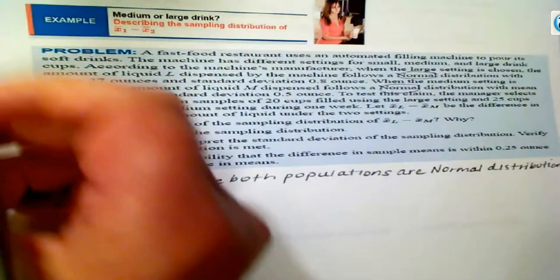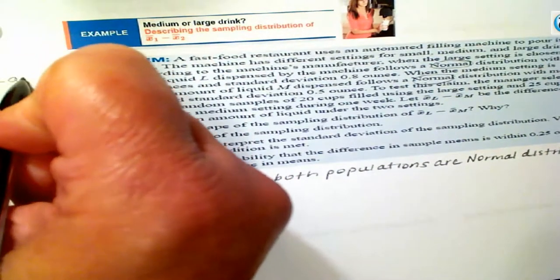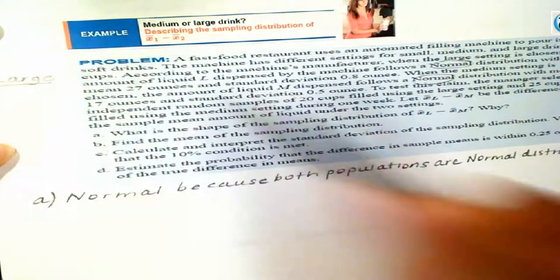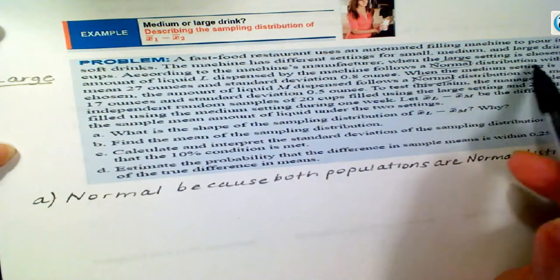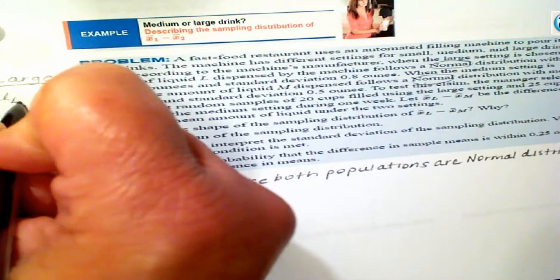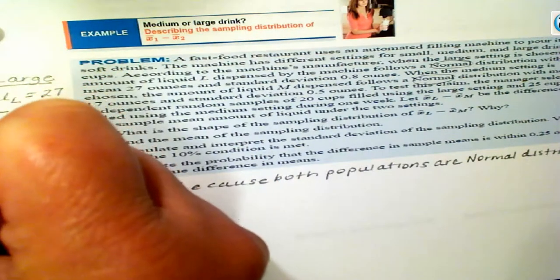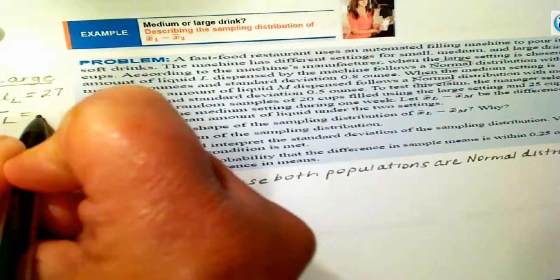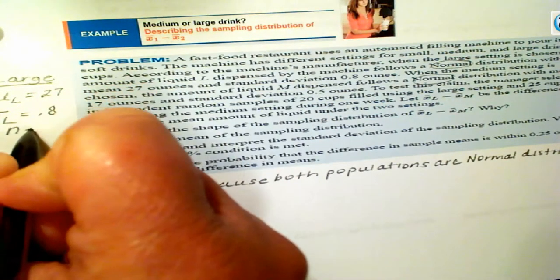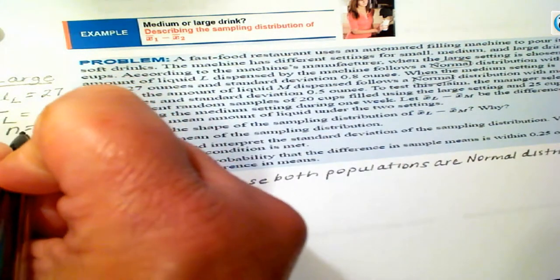All right, I'm going to jot some stuff down right here. Let's write down some information. We have a large and we have a medium. In the large, the mean of the large is 27. The standard deviation of the large is 0.8. And the sample size, I think they said for the first one, was 20.